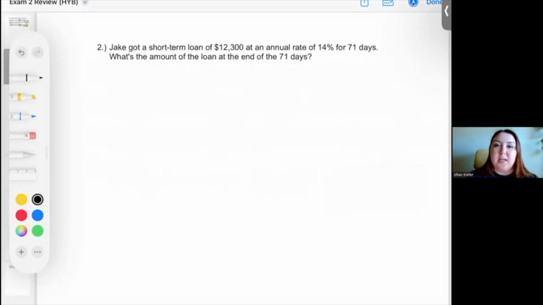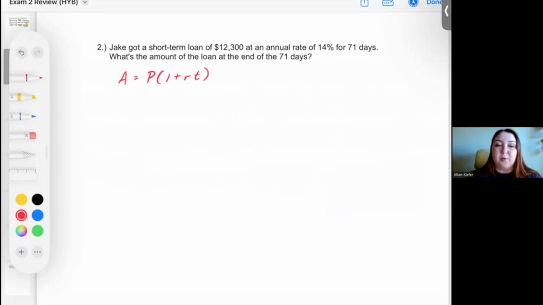All right, so like we said before, this is with simple interest and the amount of our loan after a specific amount of time. So we want to remember that to find the amount of a loan after a specific amount of time with simple interest, our equation would be the amount of our loan is equal to the principal times 1 plus the rate times the time.